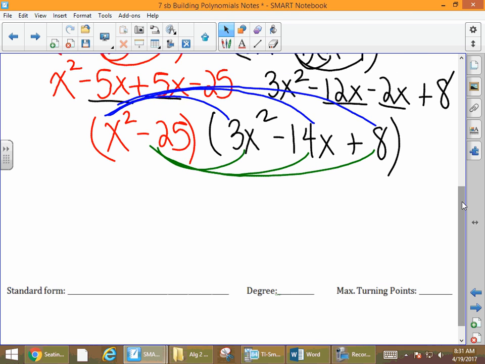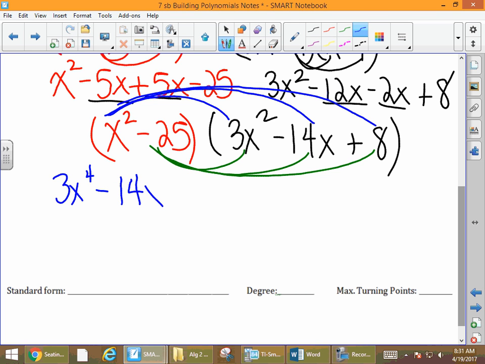That's going to put us in standard form. We're going to have to combine some like terms, but x squared times 3x squared is 3x to the 4th. X squared times negative 14x is negative 14x cubed. X squared times 8, both of them positive, gives us positive 8x squared.